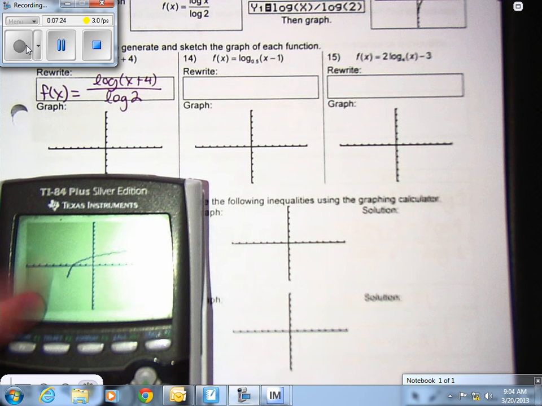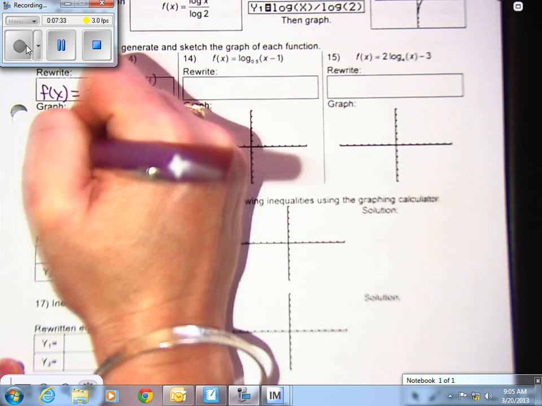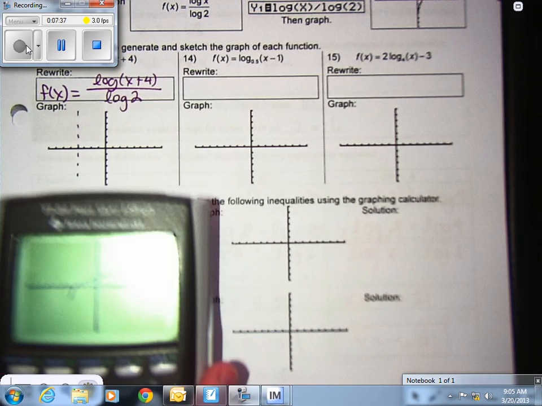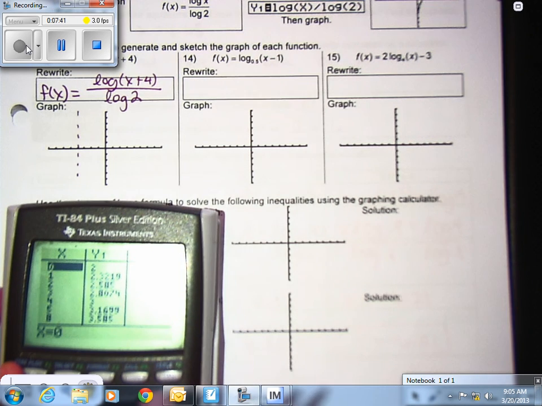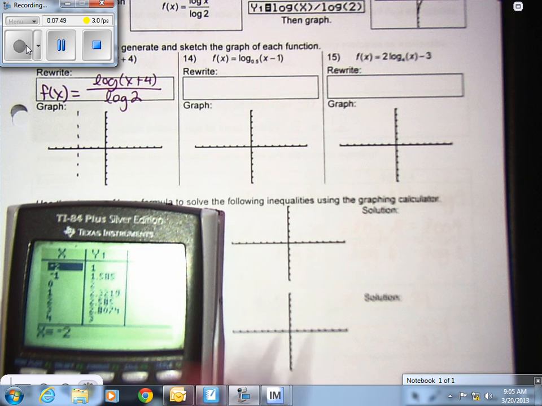And it looks like it stops there, but that's just because our calculator will not do a vertical line. So what we're going to have to do is think about that that's really going to move the asymptote over. And you can come up with some exact points by using your table function. So when x is negative 2, y is 1.